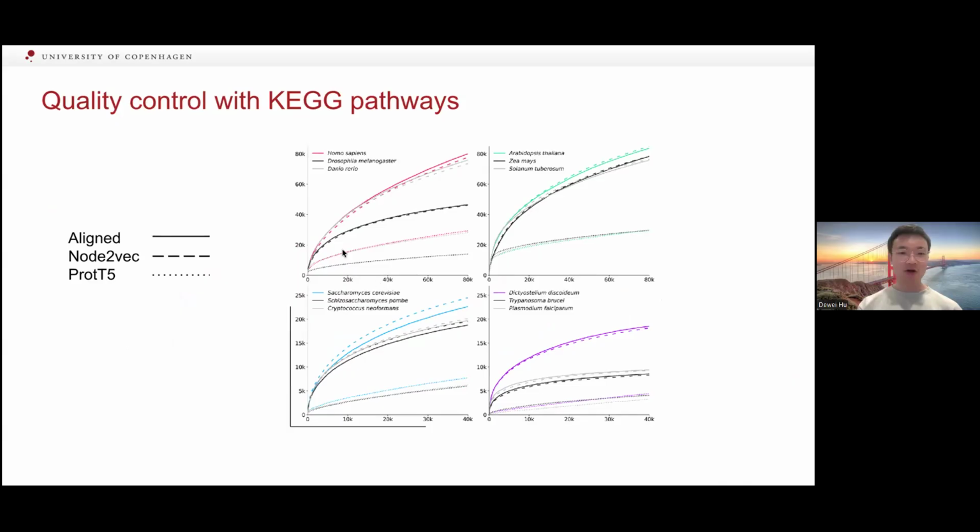Yes. So this is a cumulative ROC curve, not the standard ROC curve, because when we're doing the pairwise pathway benchmarking or quality control, we just consider if two proteins share any pathways, they are the positives. If they don't share any pathways, they are negatives.